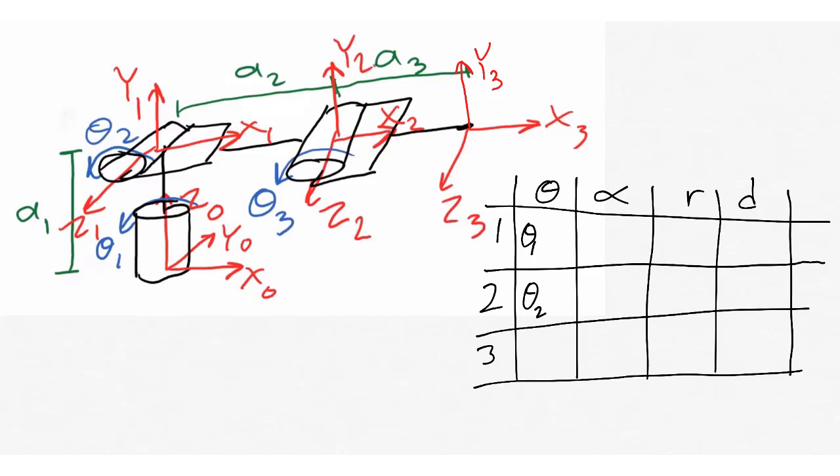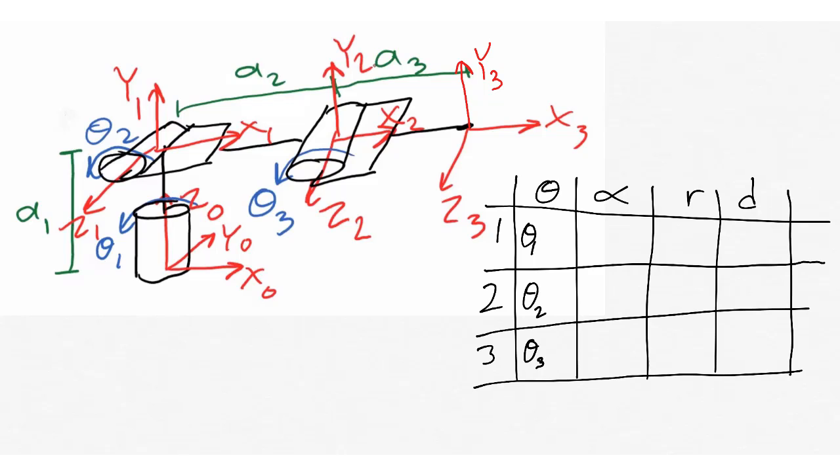Theta 3 is around Zn minus 1, which in this case is Z2. So I do have to have theta 3 here. Next, we look at the two directions of the x-axes. In this case, they are also pointing in the same direction, so I don't need any additional rotation for theta. Let's move on to the alpha column.